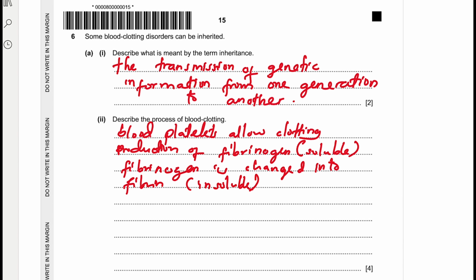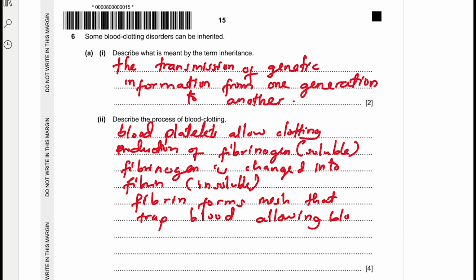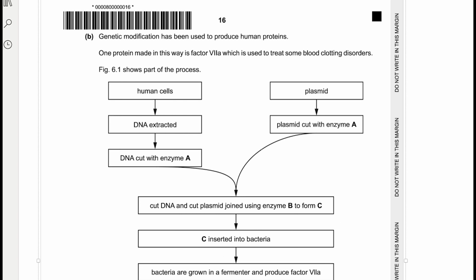Alright, then fibrin forms mesh that traps blood, allowing blood clot to occur.